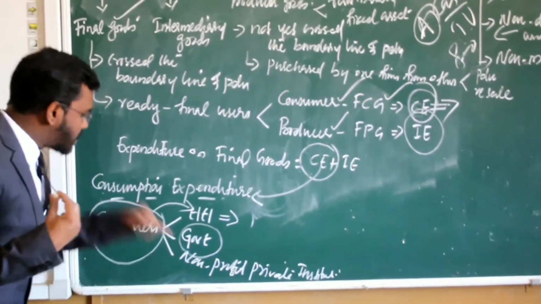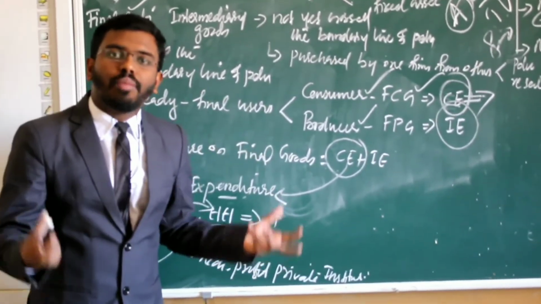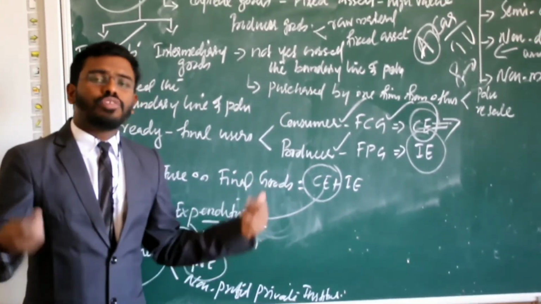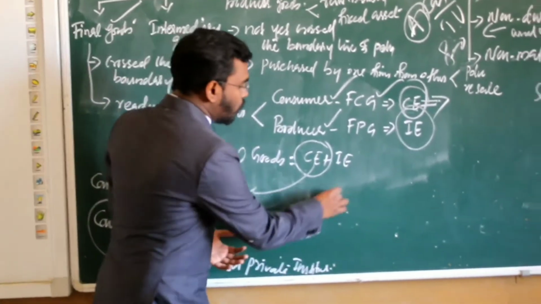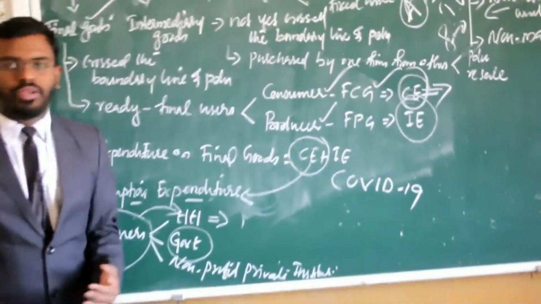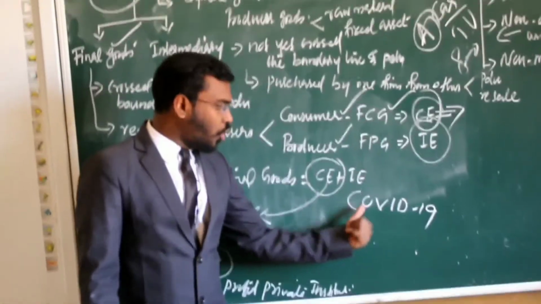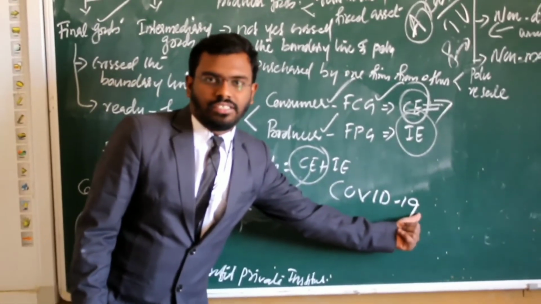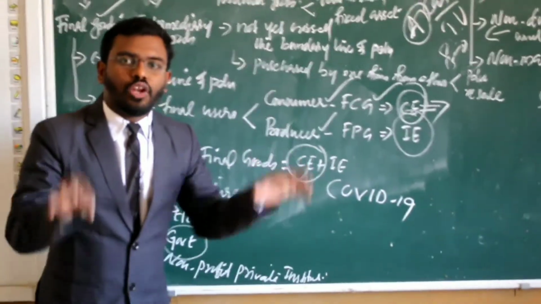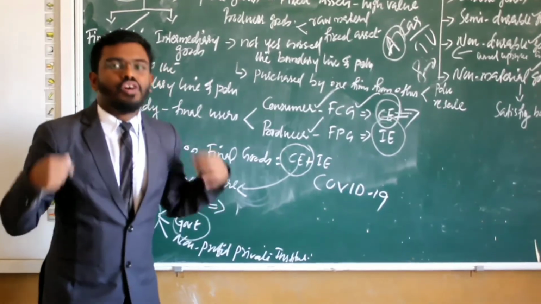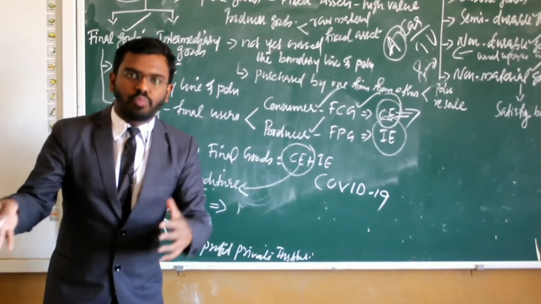Next one is government. For what purpose is government purchasing these final goods? Suppose, for example, now in India we are facing COVID-19, coronavirus disease 2019, and we are in a lockdown period and the government is providing free food through the public distribution system.